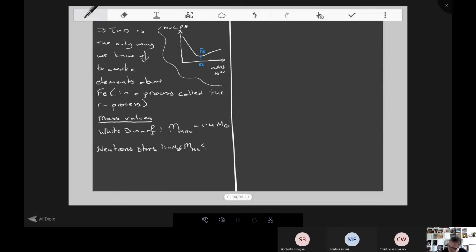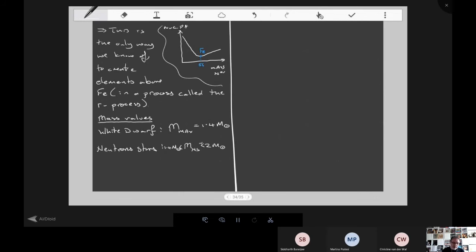But it's less than, and this is more uncertain, the actual value it's less than. In other words, the biggest value that a neutron star can be is subject to some uncertainty. As a rough value, it's 2 solar masses.